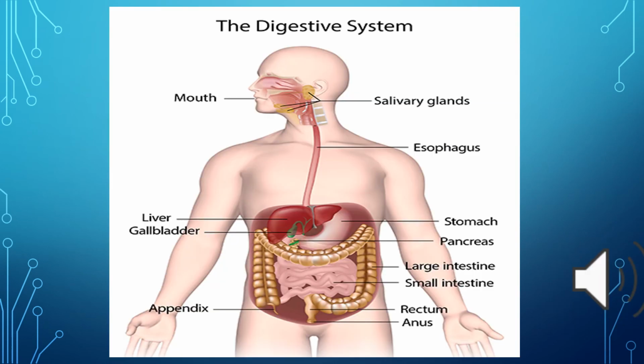This is the human digestive system, in which the digestion starts from the mouth, where the saliva is released from salivary glands present in the mouth, and then the food is passed to the oesophagus, from where it is taken to the stomach, where special kinds of enzymes are released to make the food more soft.